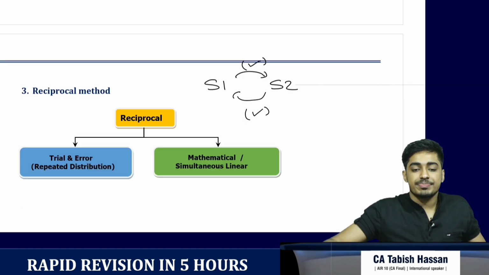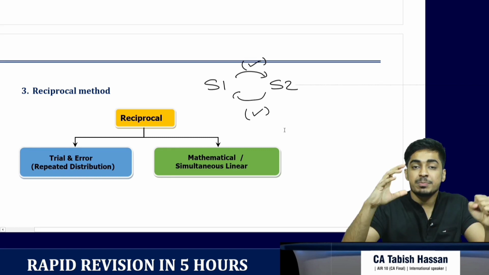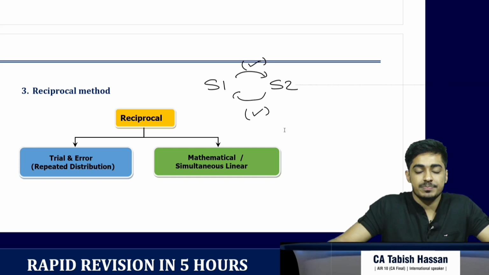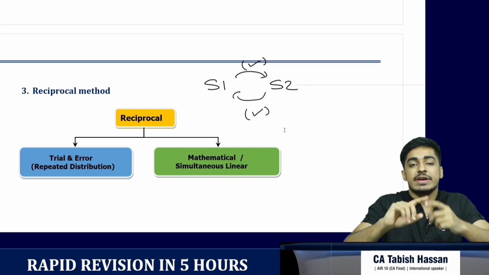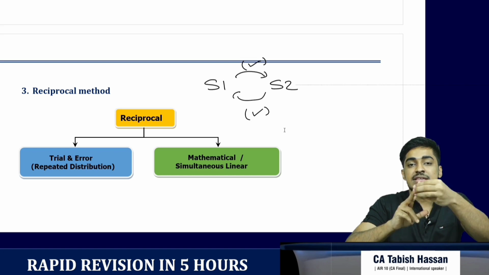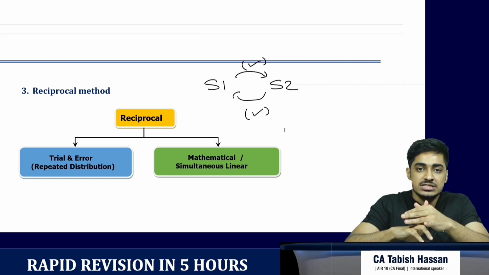Clear? Okay. Now we have the reciprocal method. What is the assumption? We are telling there are 2 service departments. This service department provides service to the other service department, and the other service department also provides service to the first. Say in our example, we had HR and repairs and maintenance. HR is telling we are providing service to repairs and maintenance: we do the employee payroll processing, recruitment and other services.